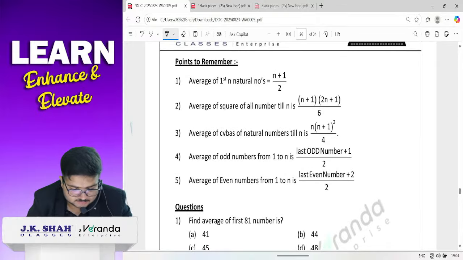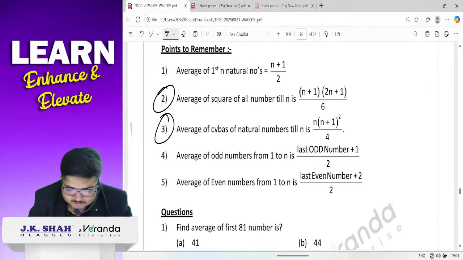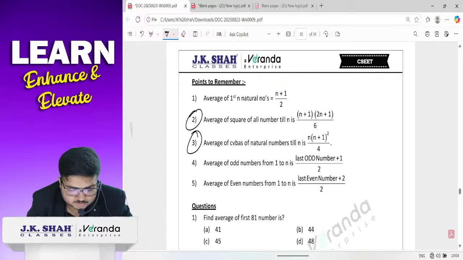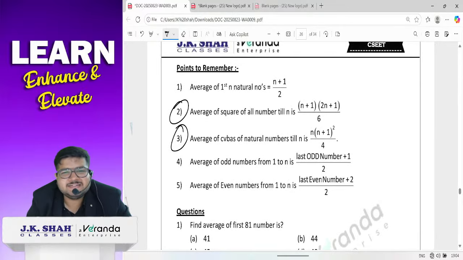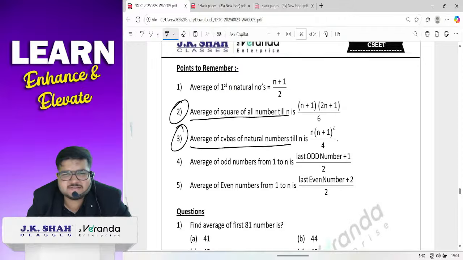Now comes the 5 points. From this we are not going to do the second and third, because those points are very time wasting, and there are very rare chances that this type of question can come in your exam. Very rare chances, in fact 0.01 chances.